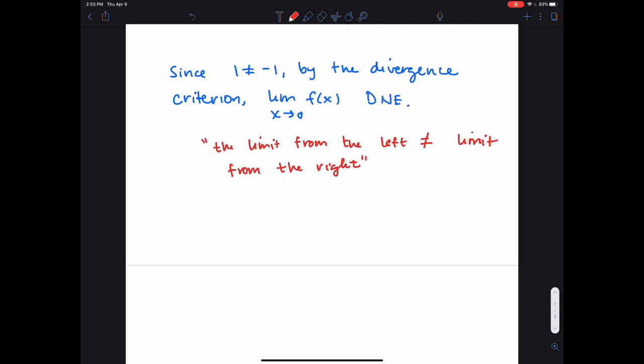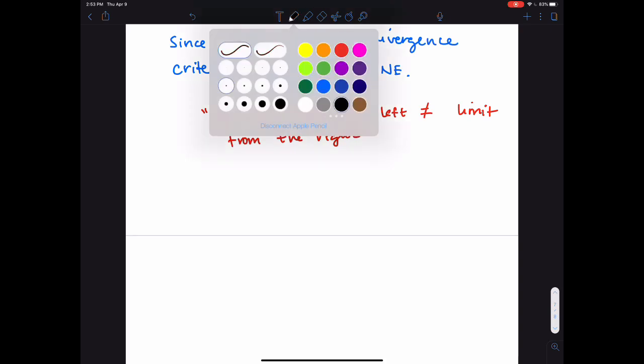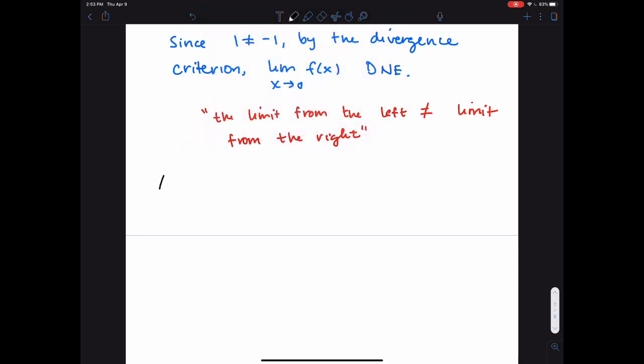There's one more thing that the sequential criterion for functional limits gives us, and that's the algebraic limit theorem for functional limits.